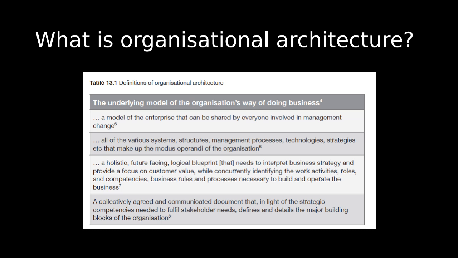Your organizational architecture is a mental model of what the ideal organization looks like. You can see this one defines it a little bit more in detail: system structures, procedures, technologies. Again, every single part, every building block in giving life to your strategic plan.